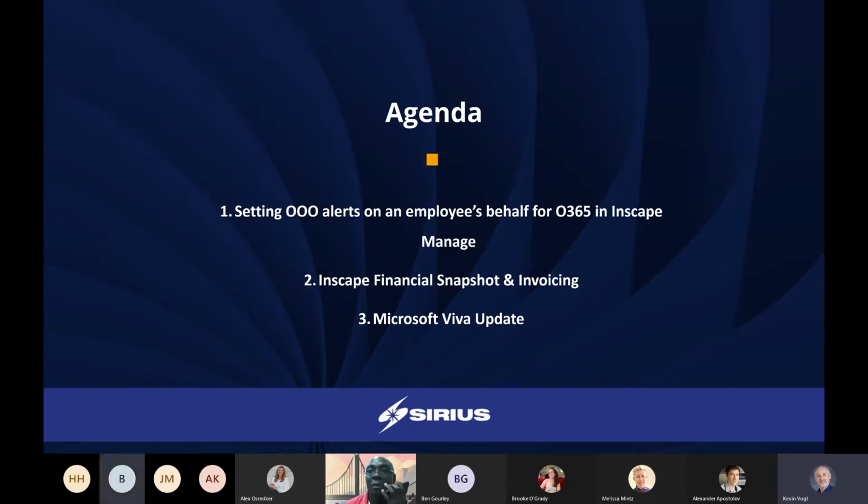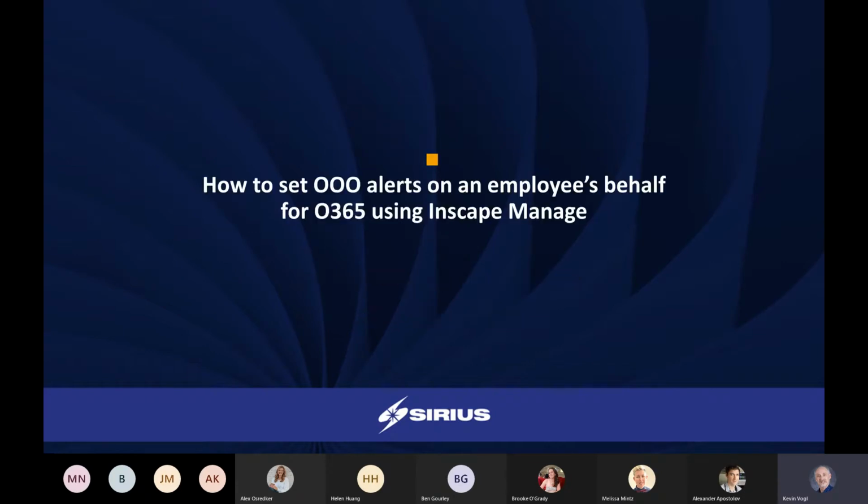And then I'm going to talk a little bit about Microsoft Viva, the new employee engagement platform for Microsoft Teams, and I have a walkthrough demo for you where we'll walk through Viva and show you what we've got. With that, I'm going to hand it off to Alex and let him take over the screen and show you how you can set out-of-office alerts for your employees when they forget to do it on their own. Alex?